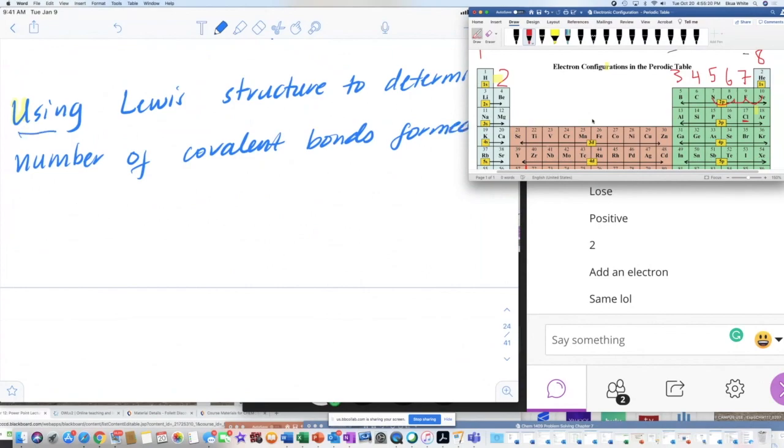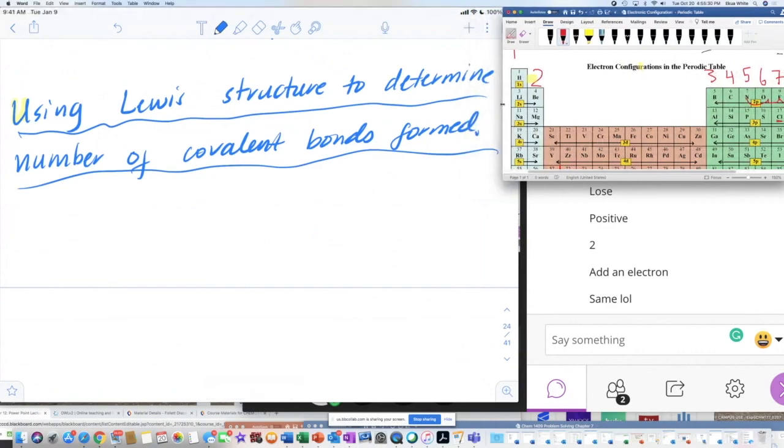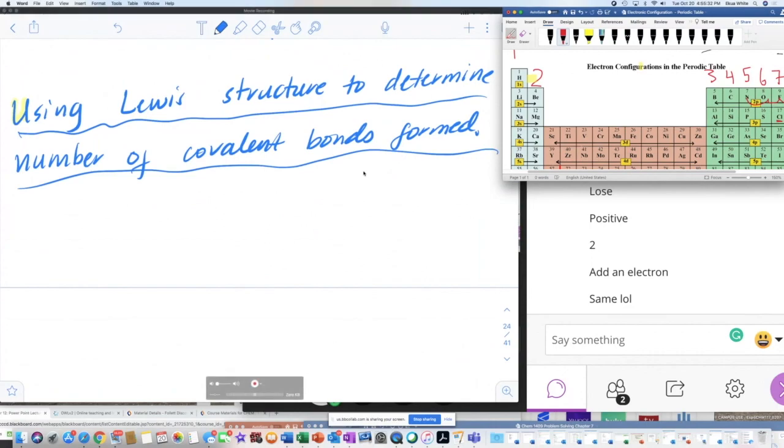It appears I'm going off script, and I am, because I looked at your homework and sometimes there's a disconnect between the lecture and the homework. I'm trying to make sure that you have sufficient skills to approach the homework. So we're going to use Lewis structures to determine the number of covalent bonds formed.